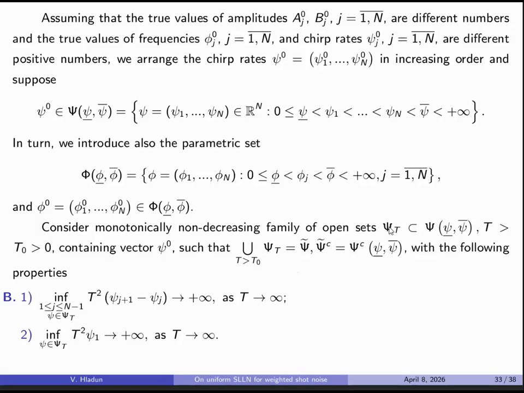Yes, and the vector psi_0 belongs to these parametric sets psi_T. But is capital psi_T an intersection of those open sets, or does it converge? I don't understand the picture.